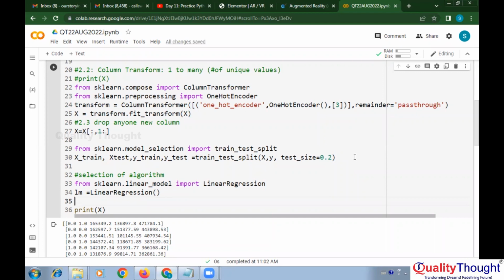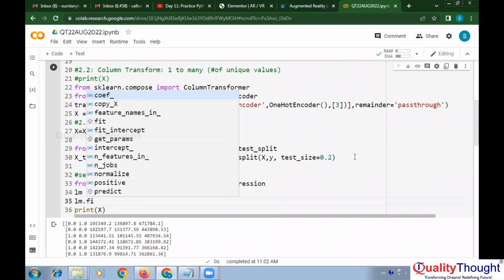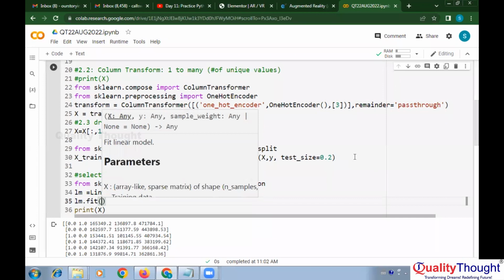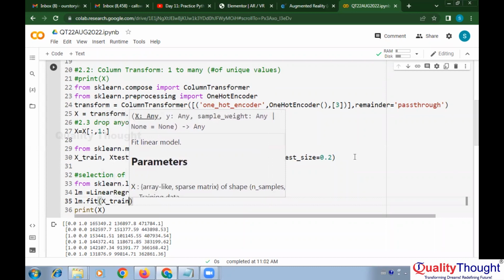How do you train the model? You say this LM dot fit. Fit is training the model. So how do you train? You train on X train and Y train.